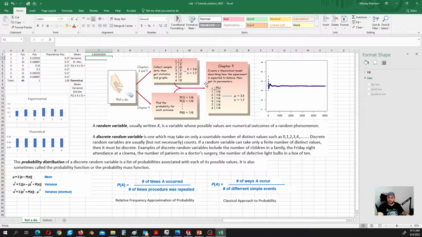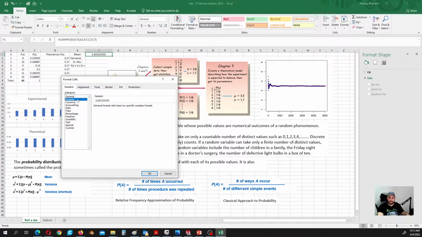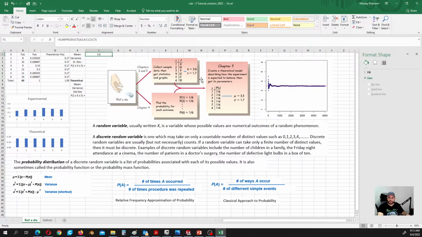Okay, so 3.6, as you can see, it's quite close, and if we round it, if we cut the tail, it's going to be 3.6 as shown here. For example, if you are talking about the theoretical value of the mean, let's say we are rolling our die 6 times, so 1, 2, 3, 4, 5, 6, and let's say first time we got 1, second time we got 2, third time we got 3, then 4, 5, and 6.